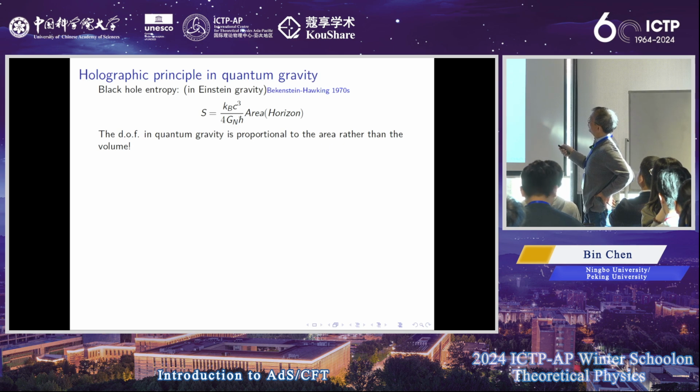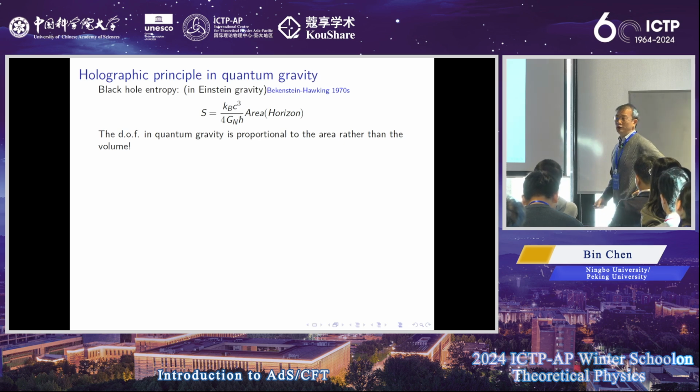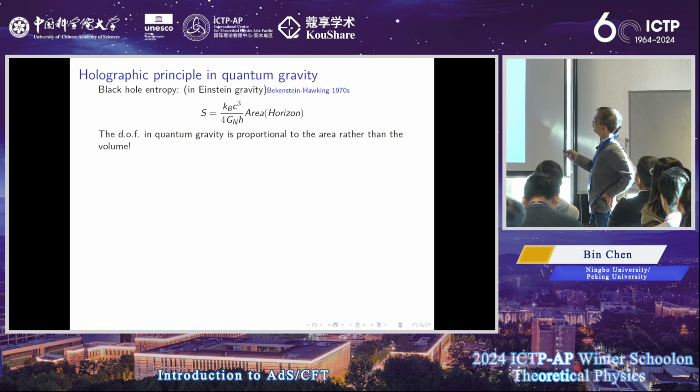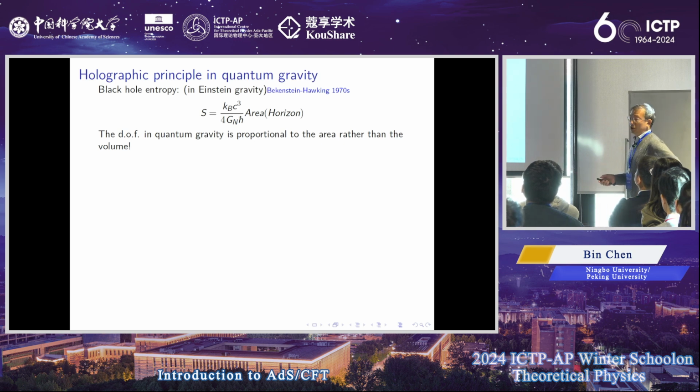The presence of h bar suggests that the entropy of the black hole is closely related to quantum effects, not a classical notion. This formula has a very important implication: it indicates that there is some fundamental principle in quantum gravity.